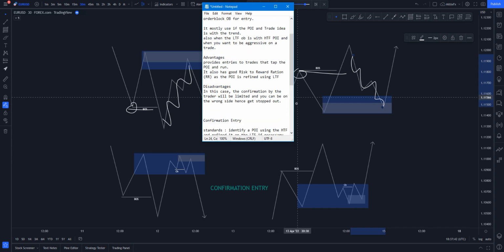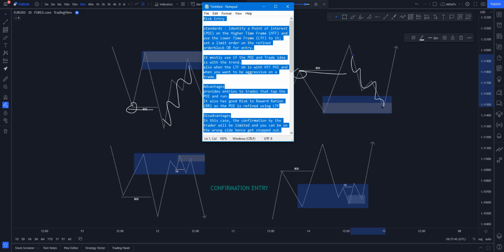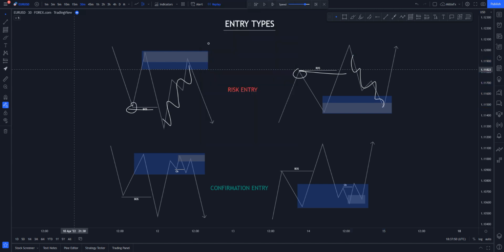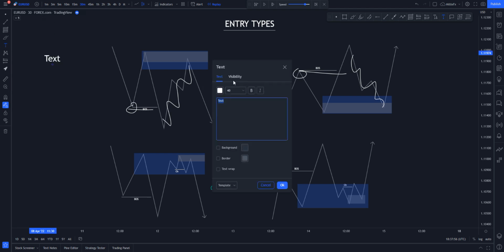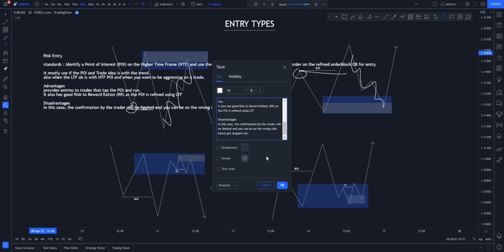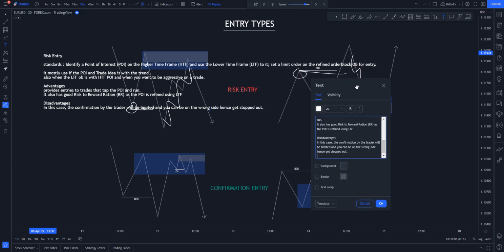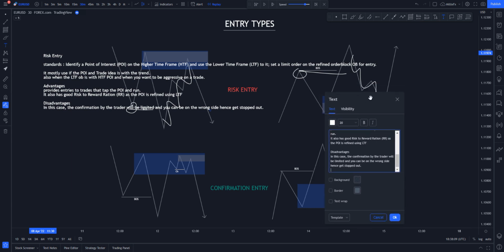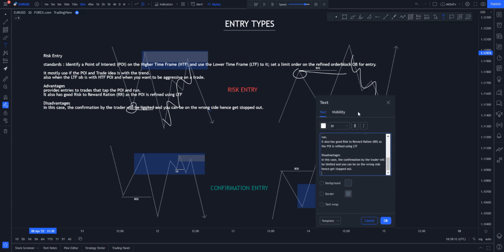Let me copy this. Okay, disadvantages and advantages for risk entry. Let's put it right here, paste. Let's arrange this. I think this is not needed.